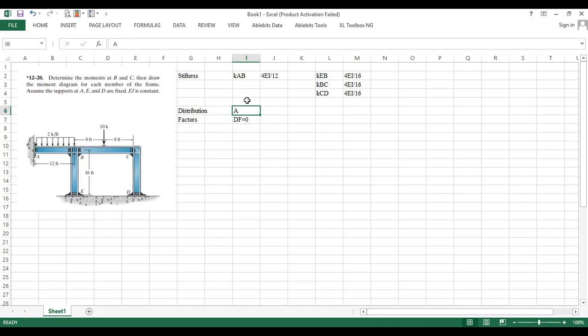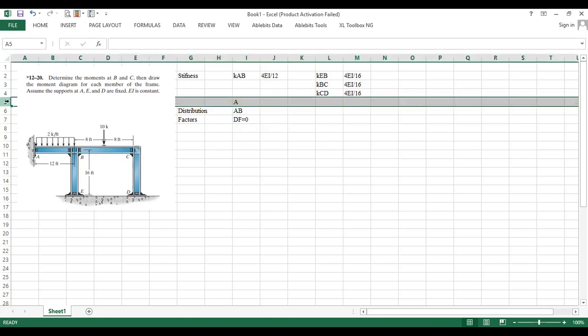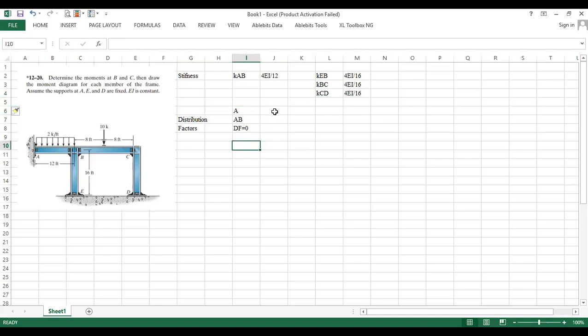There's only one member, AB, distribution factor AB. At B, you have BA, BC and BE, right?